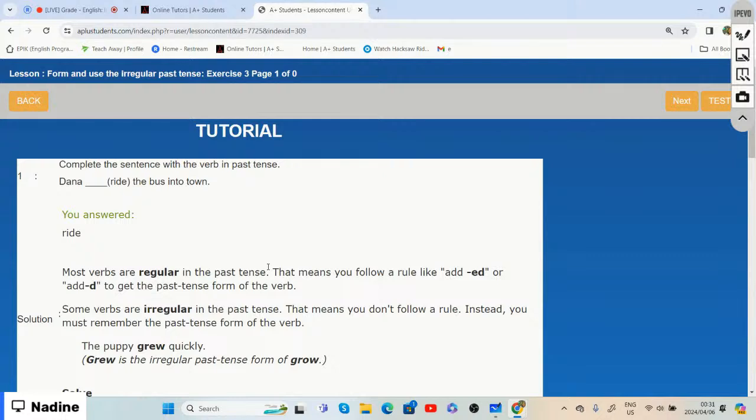We now need to say the past tense form of that word ride. What is the past tense form of ride?